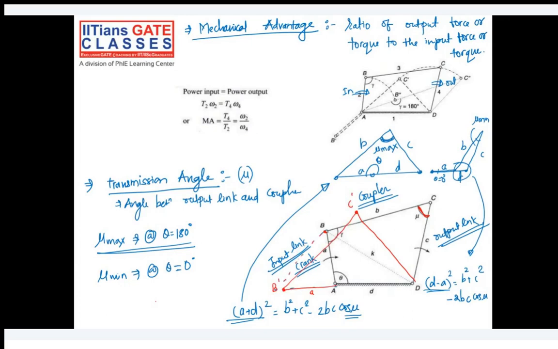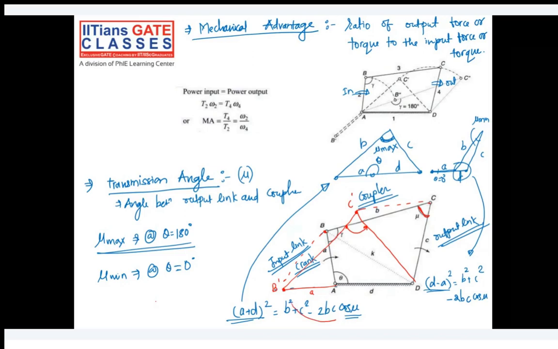Coming towards the minimum case. Let me try to draw this point C and B again. So if I'm bringing this B point somewhere here, let's say B dash, then what will happen?